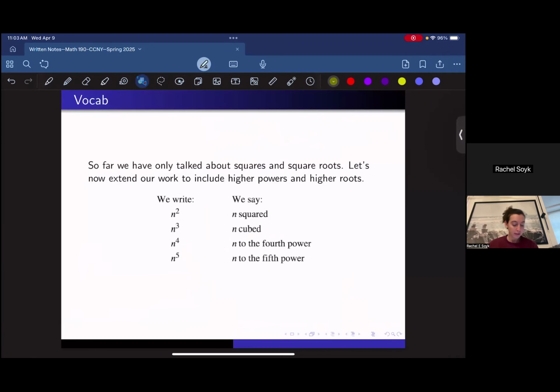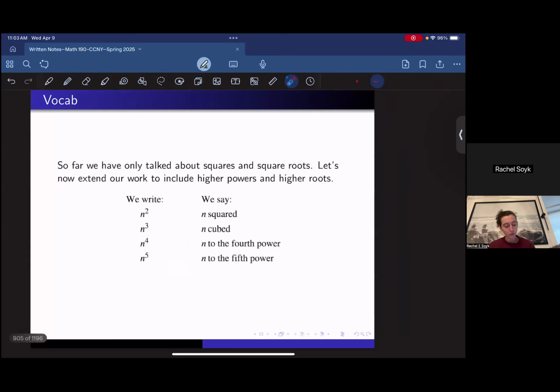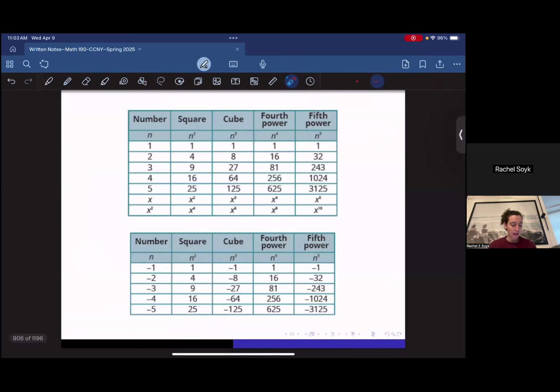Some vocab to keep in mind: n squared, n cubed, n to the 4th power, n to the 5th power, n to the 28th power, and so on and so forth. And then these are some famous values to remember from the squared, cubed, 4th power, 5th power perspective.